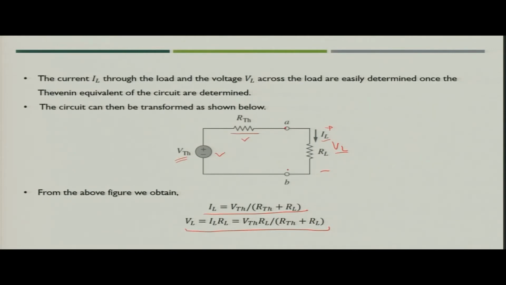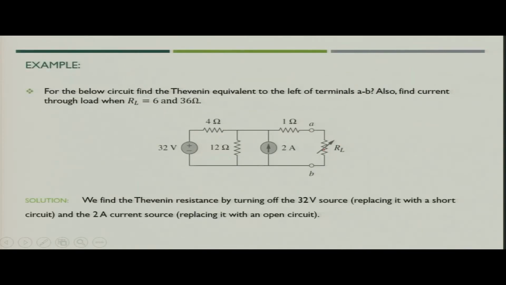You just keep on changing the loads across terminals A and B, and based on the resistance of the load, your load current will keep changing. In this way it is very handy to process multiple cases when loads are connected to two terminals.